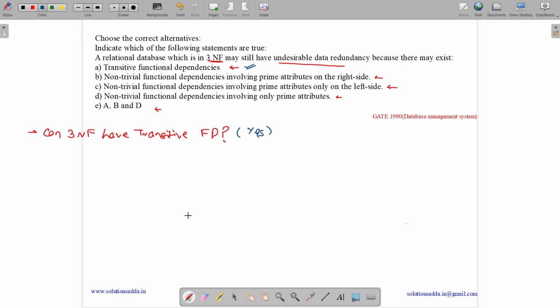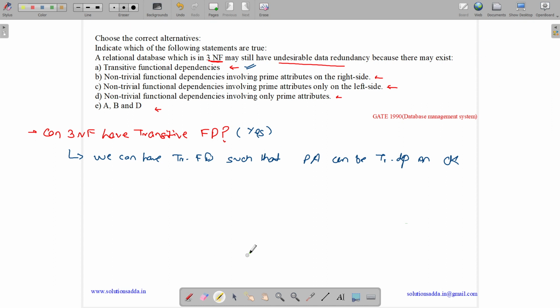And if there is a transitive functional dependency in 3NF, then we can have a transitive functional dependency such that a prime attribute can be transitively dependent on a candidate key. And we saw this in the previous example that I have given.